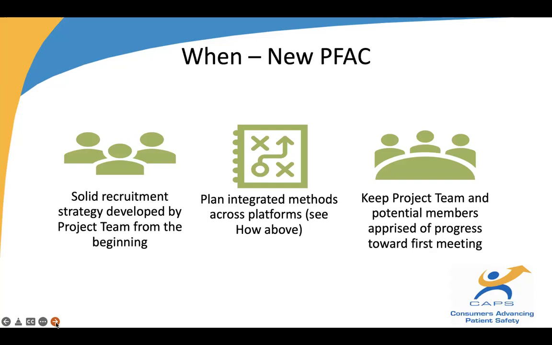Armando can talk to you about what a project team consists of. That's part of their consulting operation, but you want to gather together people to do this, not just one person ideally. Then plan your integrated outreach across platforms based on what we've just talked about.